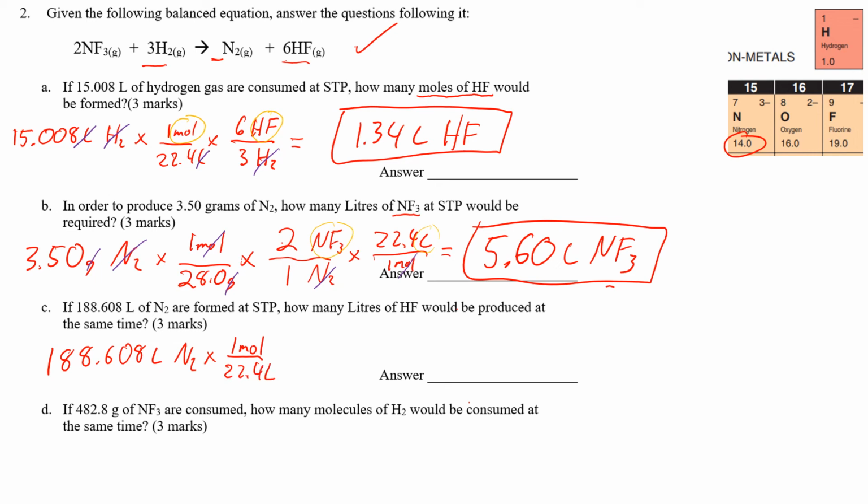Now I'm in moles of nitrogen gas, so I can now use my molar ratio. Looking at it, nitrogen is right there and HF is right there, so it's a 6-to-1 ratio. So it's going to be 6 HF for 1 nitrogen gas.